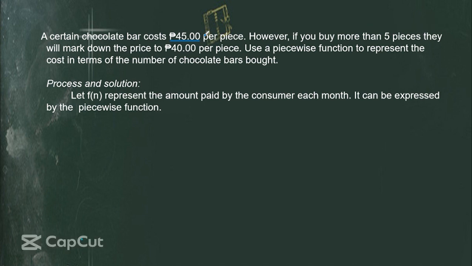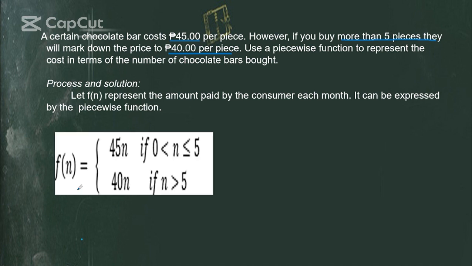According to the second sentence, if you buy more than 5 pieces, it will be marked down. So, they give you a discount, and it becomes 40 pesos per piece. Understood? So, our function here is easy.